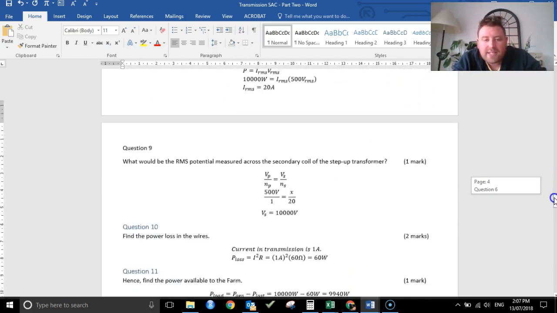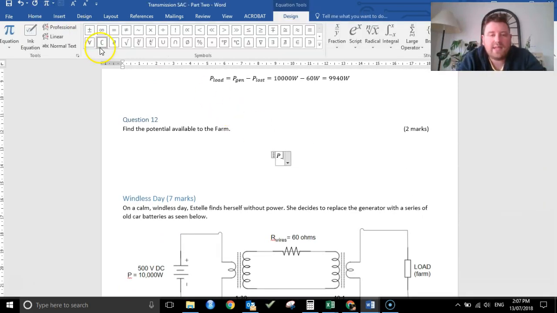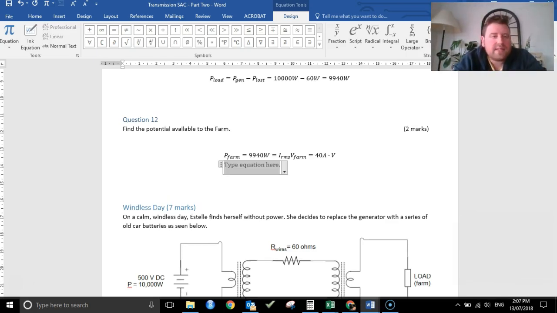So we could actually say that the farm is using 9,940 watts, and that's got to be equal to whatever current it's getting times whatever voltage drop it's experiencing, in which case that would be 40 amps times some unknown V.